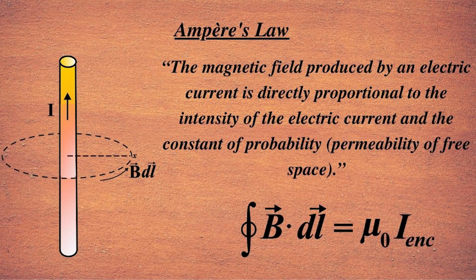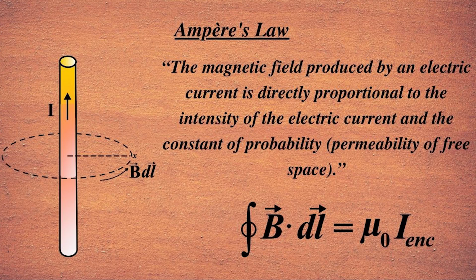Now let us see how the production of the magnetic field occurs. The basic law governing the production of a magnetic field by a current is Ampere's law. This law states that for any closed loop path, the sum of the length elements times the magnetic field in the direction of the length element is proportional to the electric current that is enclosed by the loop.